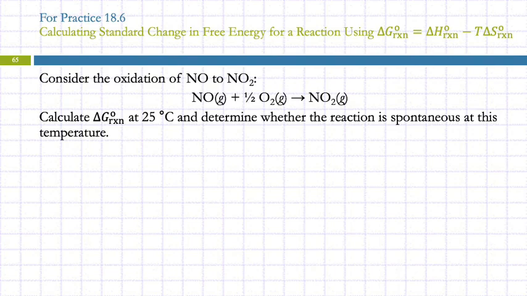Nitrogen. So we're using that equation up there, so we're going to calculate delta H and delta S for this equation. We need S0 for NO, for O2, and for NO2.